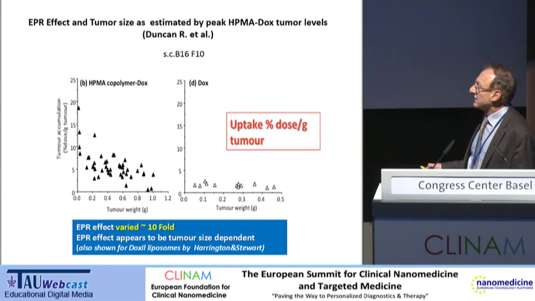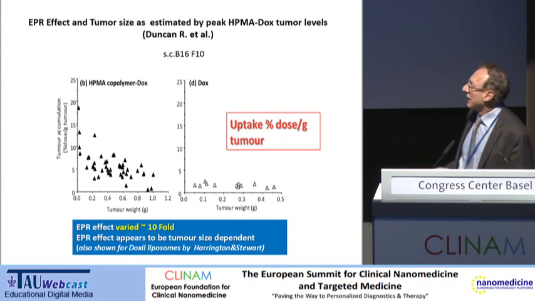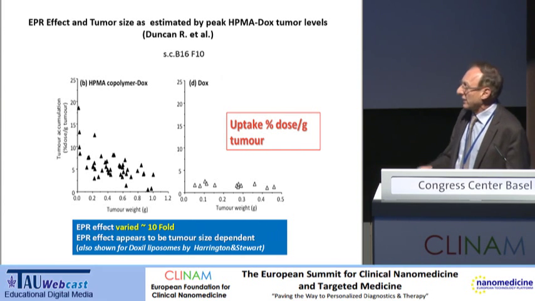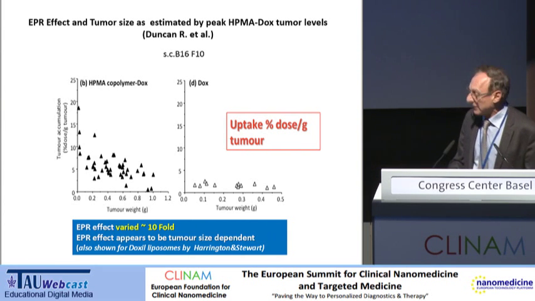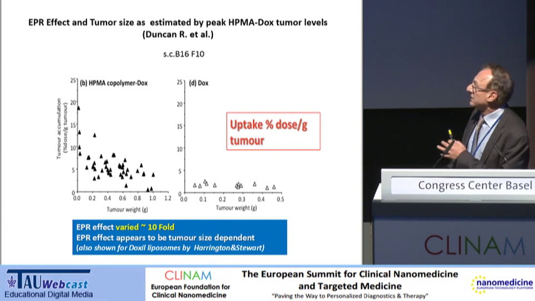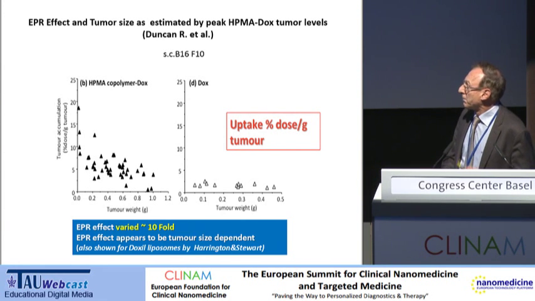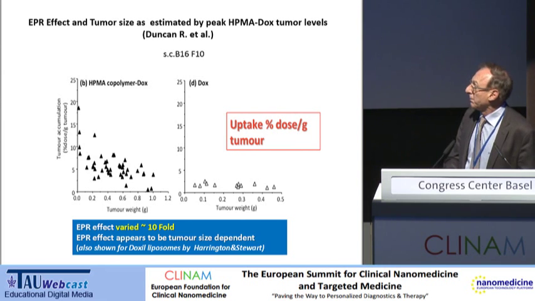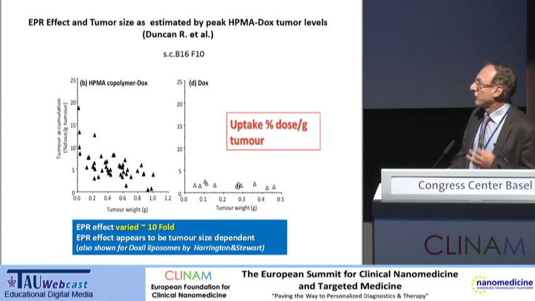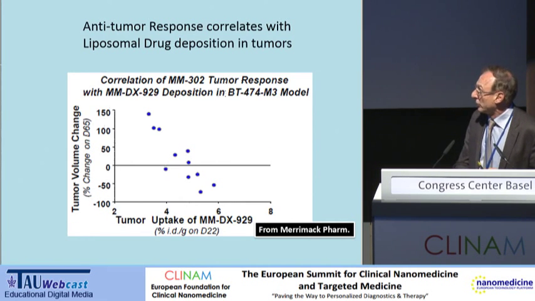By the way, in the case of free doxorubicin, you see hardly any change. So again, these are significant differences between nanomedicines and free drug that probably are related to the EPR effect, that is a much more decisive biologic factor for nanomedicines than for free drugs.